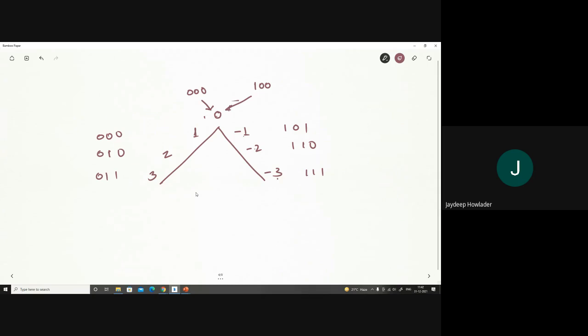This one is called the positive 0, and this one comes as a negative 0. Understand? That is the sign magnitude representation from the previous discussions.